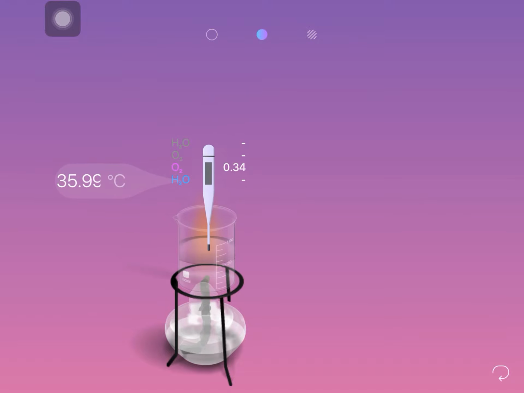We will measure the temperature. The temperature is rising slowly, 37, 38, and furthermore. Once it rises, the temperature of the water will reach 100 degrees Celsius, and we see that the water will start coming into the state of vapor. This is called the boiling point.